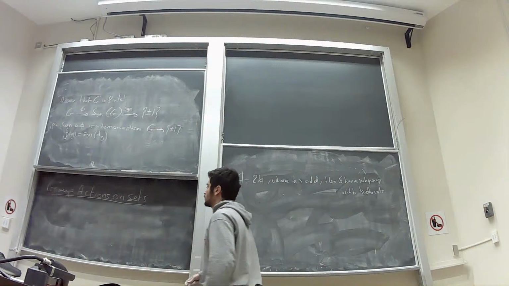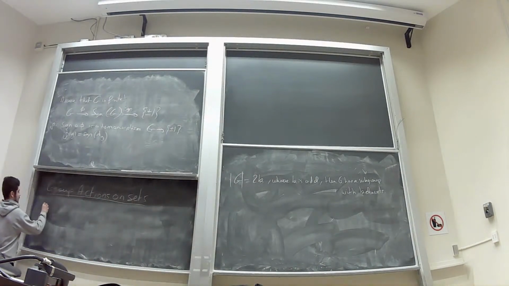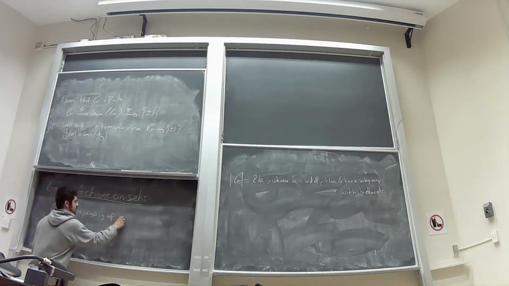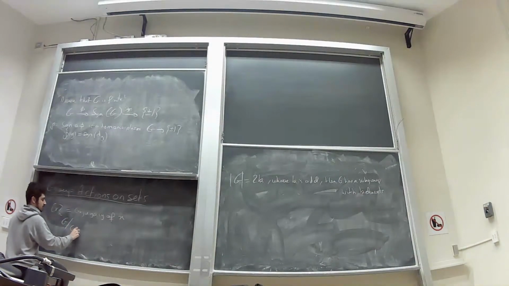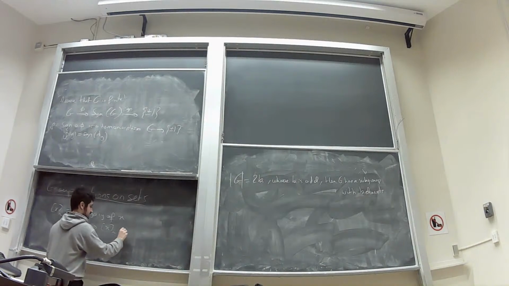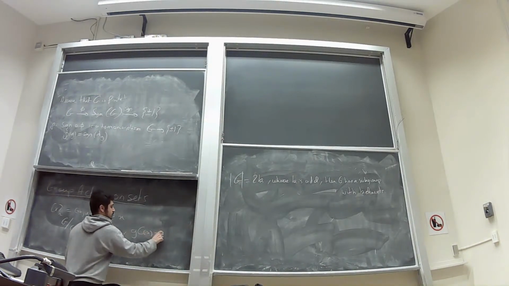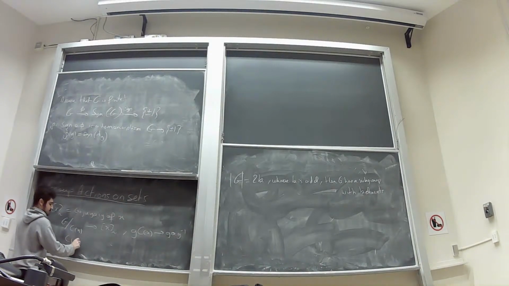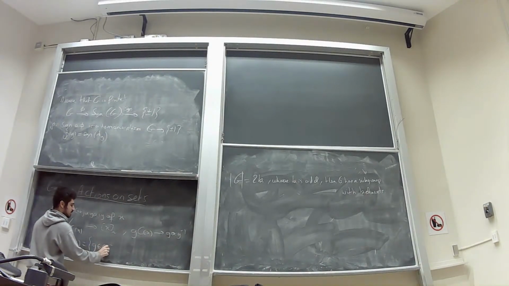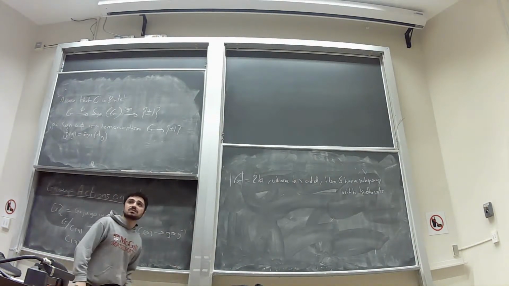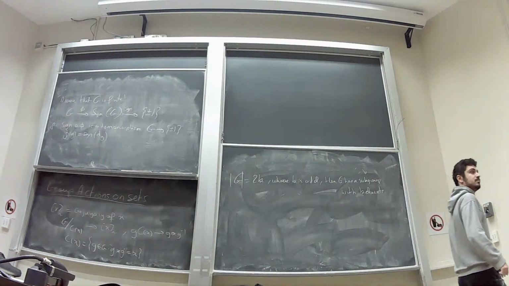If X's conjugacy class is the equivalence class of X, then there exists a bijection from G mod Cx to the equivalence class of X, that sends a coset gCx to gxg inverse, where Cx is just the set of g in G such that gxg inverse is equal to x. If you remember this.